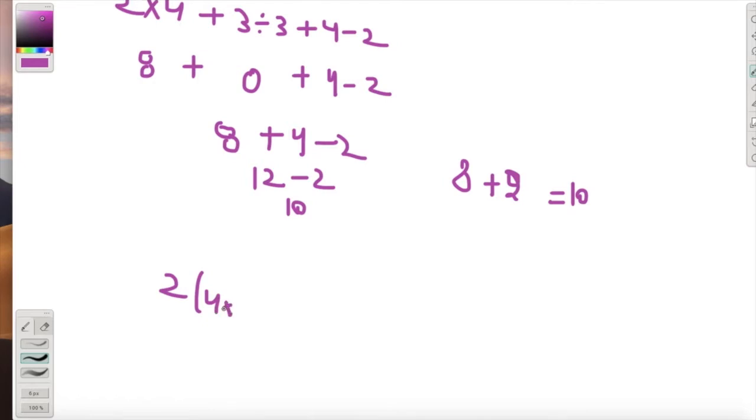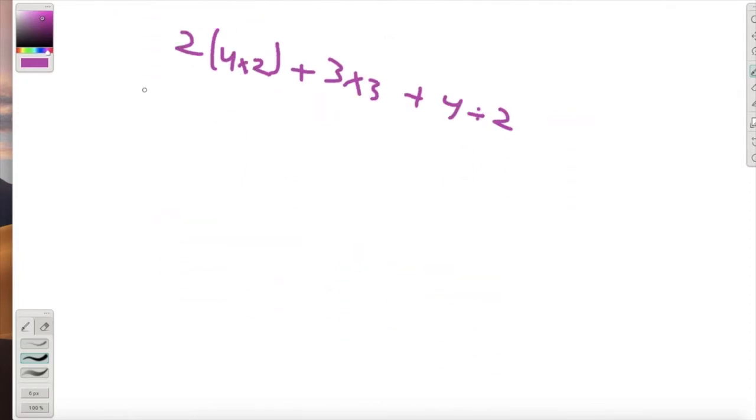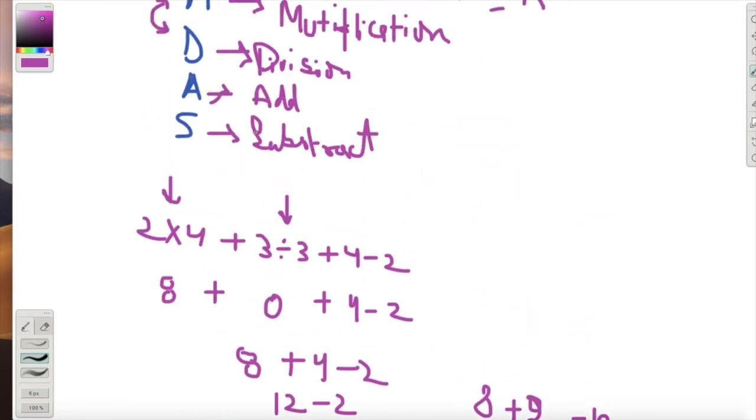4 into 2 plus 3 cross 3 plus 4 by 2, with 2 multiplying the parenthesis. Let's now do this. What we have to do is follow PEMDAS. So the first thing we look at is parentheses.